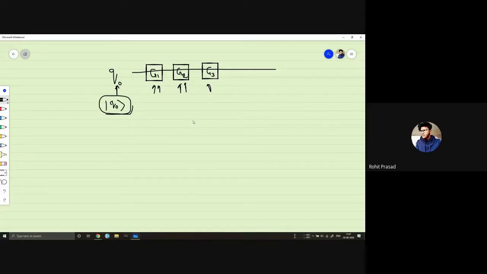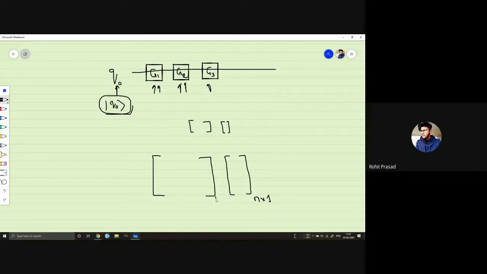Whenever an operator acts on a state, it's written on the side like this. Let's say the quantum state is n cross one dimension, or any dimensional vector space.